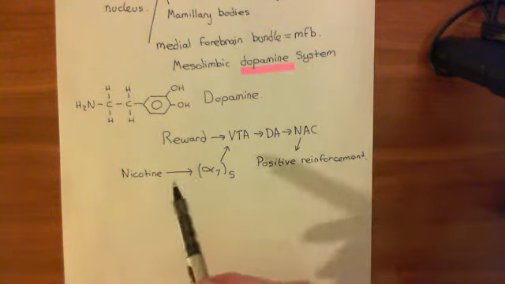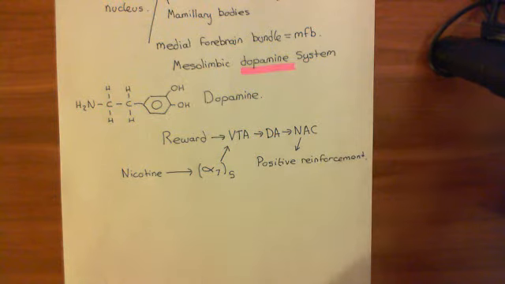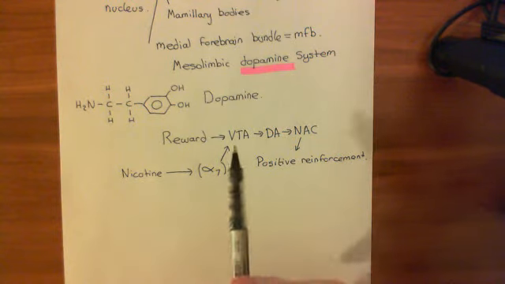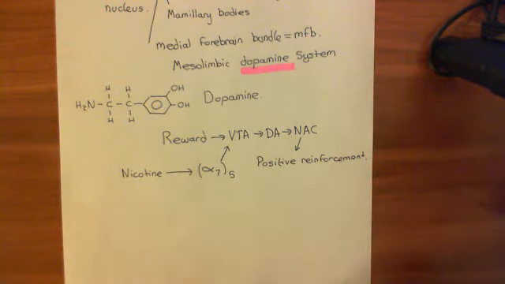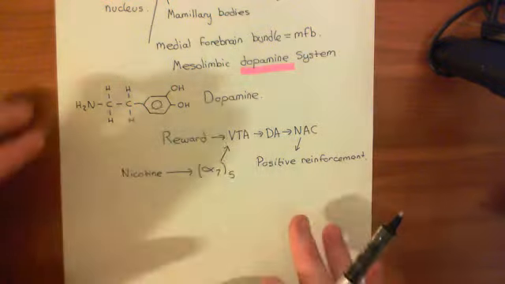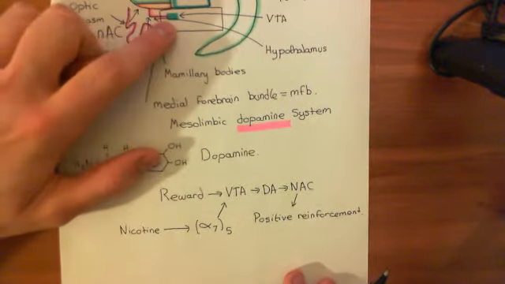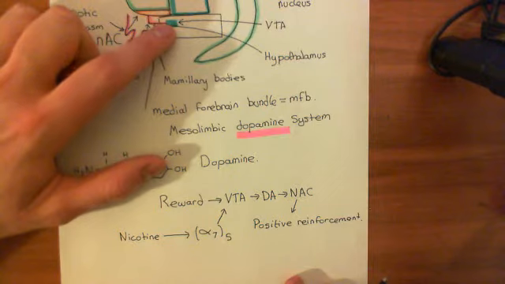It's then going to go around the circulatory system up to your brain, and it's going to cross the blood-brain barrier. It will then bind to these nicotinic acetylcholine receptors on the neurons in the ventral tegmental area.